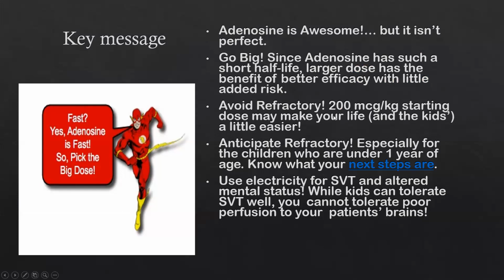Avoid refractory SVT by starting with 200 mcg per kilo, and that will make your life and the kid's a little easier. Anticipate refractory SVT, especially in children under 1 year, and know your next steps with the second-line agent and synchronized cardioversion if needed.